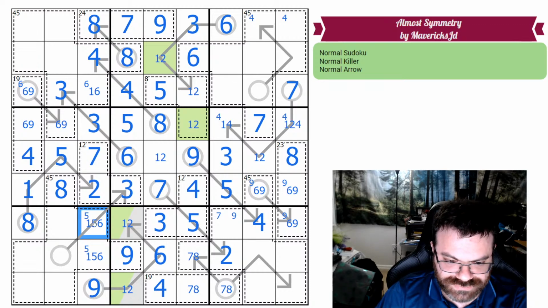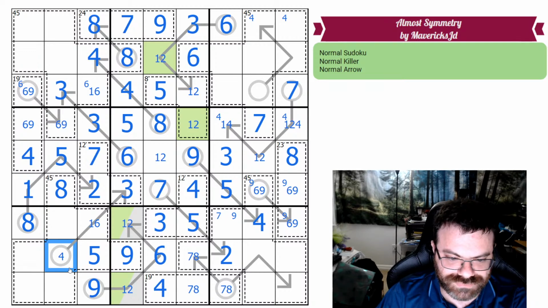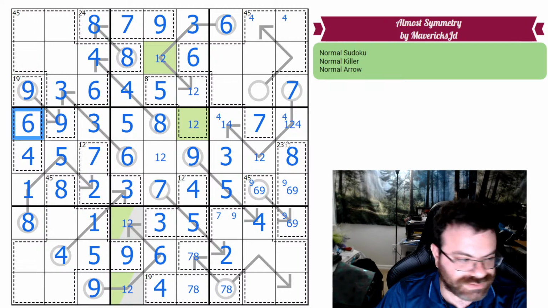One of these two is a 5. This can't be a 5 because 5 plus 3 would be 8. Can't put an 8 there. So this is the 5 for the column. So this is either 4 or 9. Can't be 9. So this is 4. This is 1. This is 6. These two are 9. That's a 6.